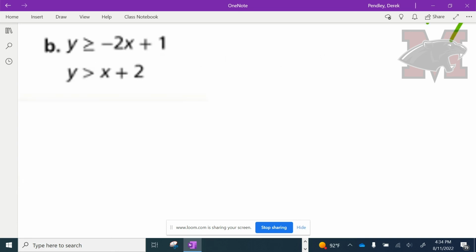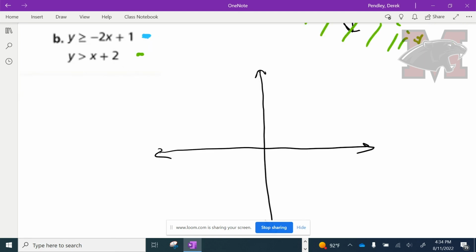All right, welcome back. Again, I'm going to do this line in blue and this line in green. So I'm going to go through this quickly with regard to the y-intercept and the slope. The y-intercept is positive 1. The slope is negative 2 over 1.